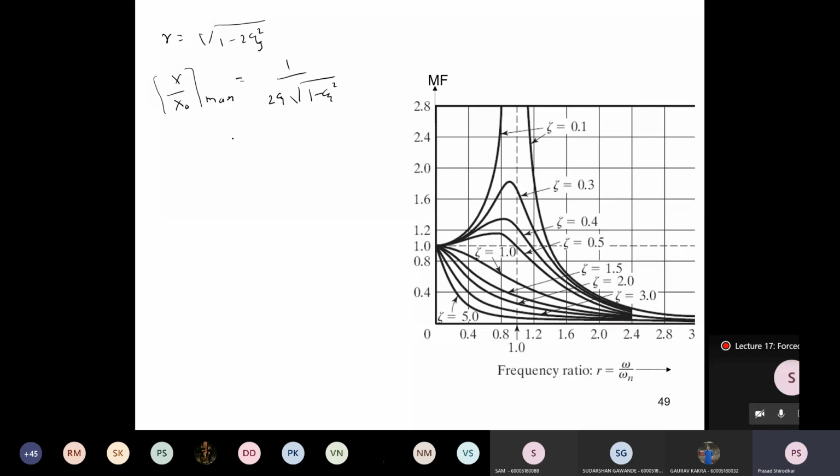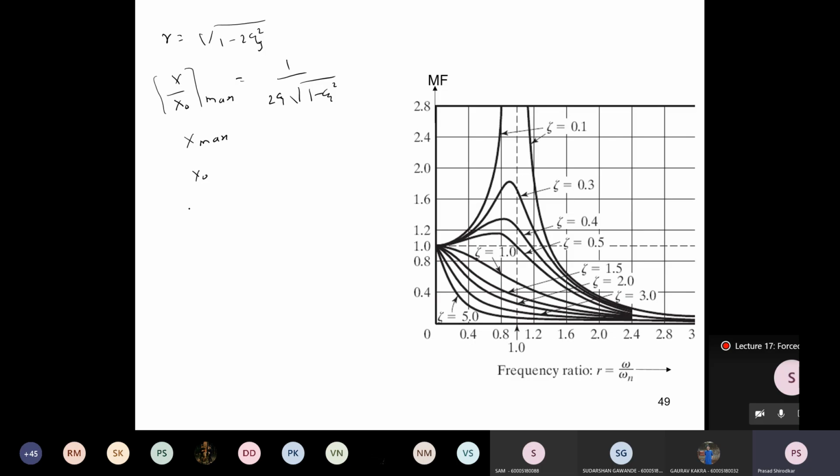In a vibration test, if the maximum amplitude of response is measured, if you can measure x max, x0 you already know, the initial displacement, then you can find out zeta. That is how you can experimentally determine the value of zeta.